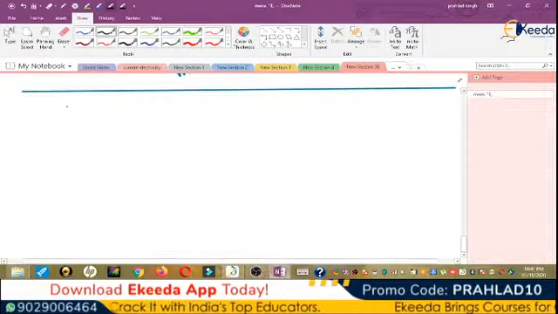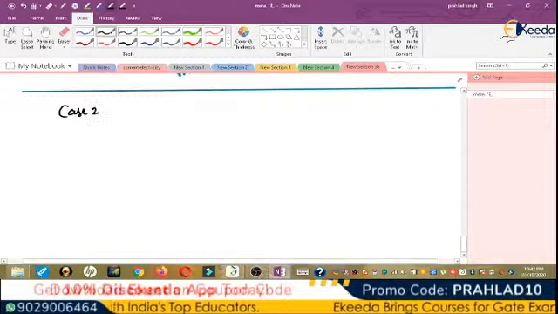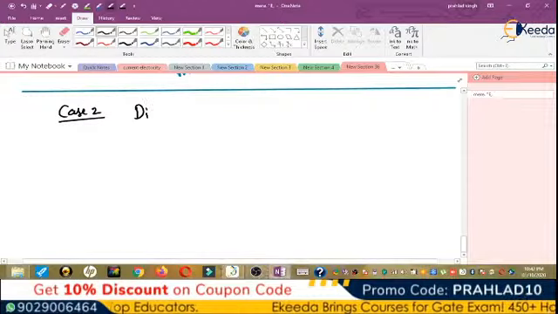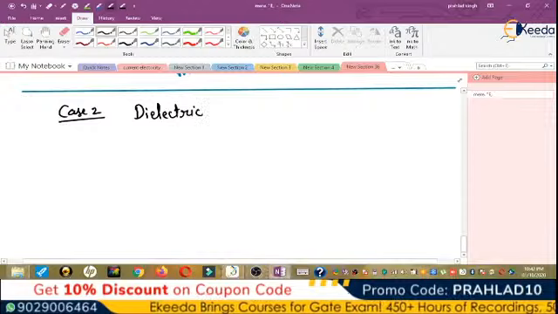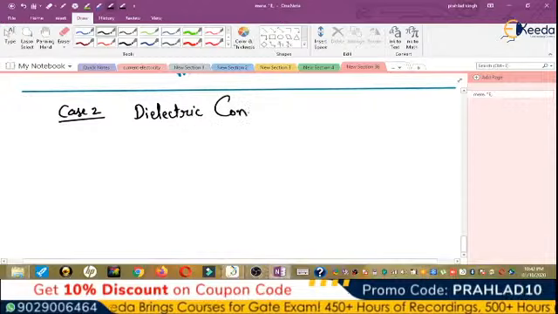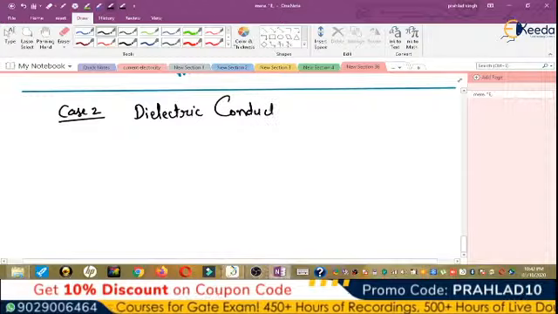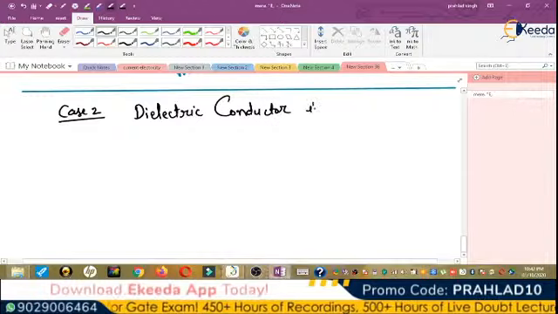In our second case, we take a dielectric conductor interface.